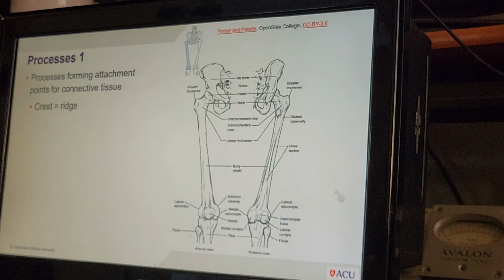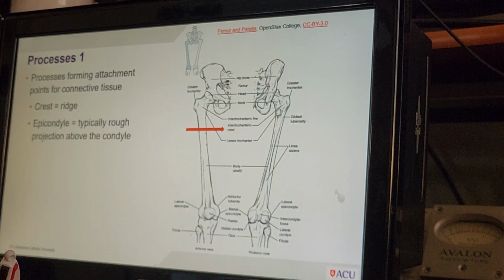A crest is a ridge of bone, and we've got an example here with the intertrochanteric crest. An epicondyle is a rough projection of bone, typically occurring above the condyle.